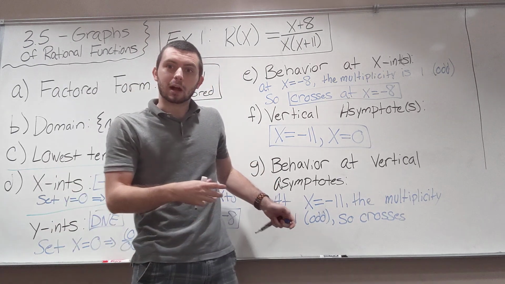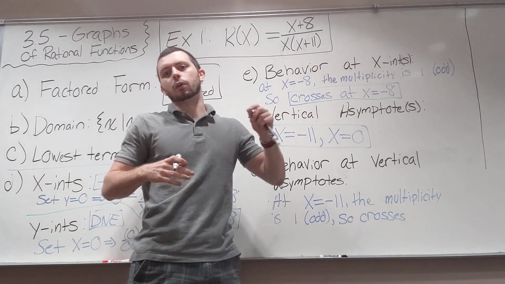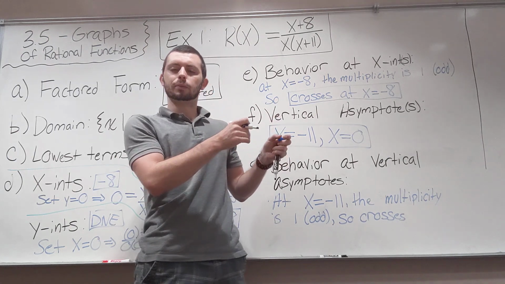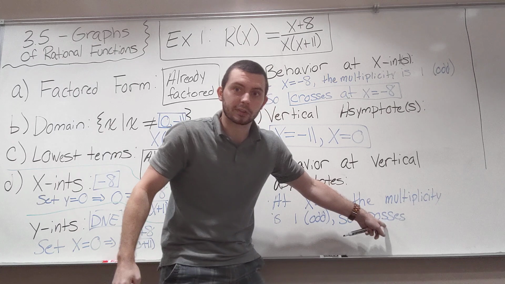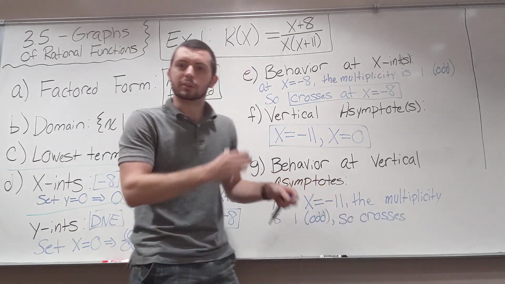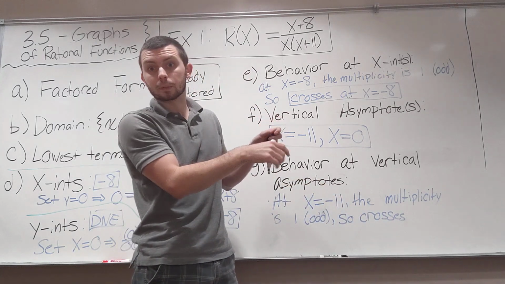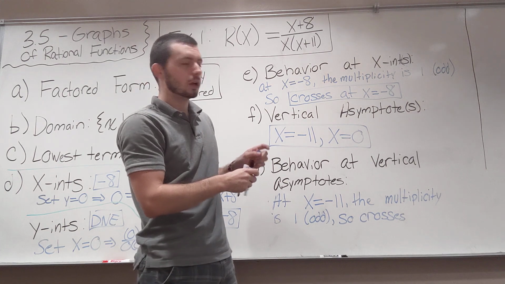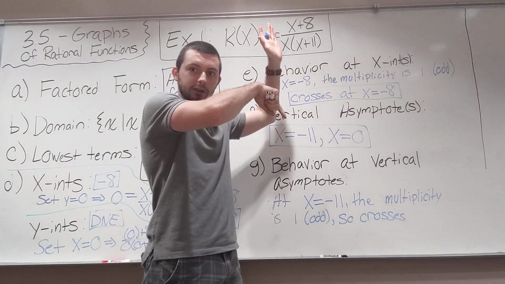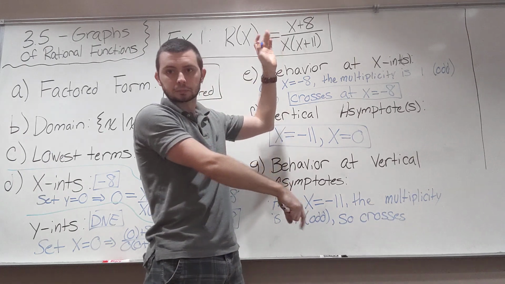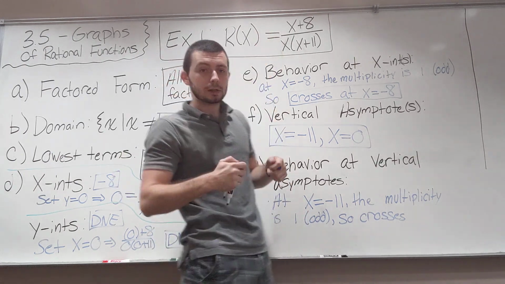So if on one side of the asymptote, the graph is going towards positive infinity, then what crosses generalizes to is that the other side has to go in the opposite direction. So one side will go towards positive infinity, the other side's going towards negative infinity. They must alternate.